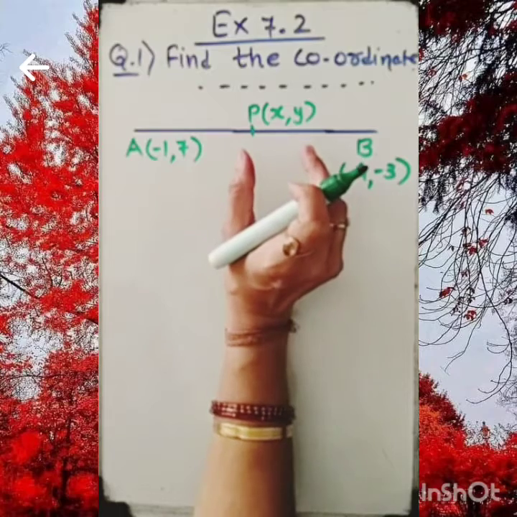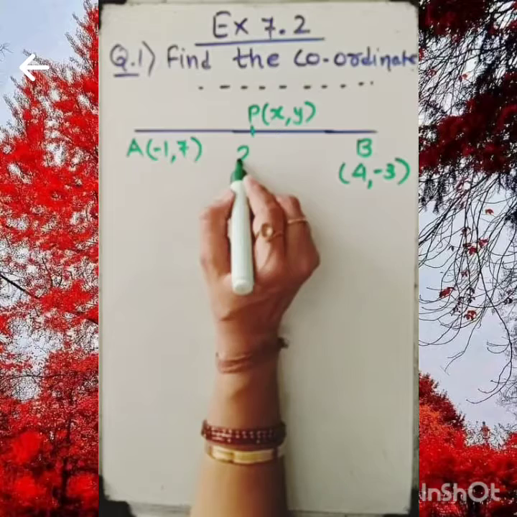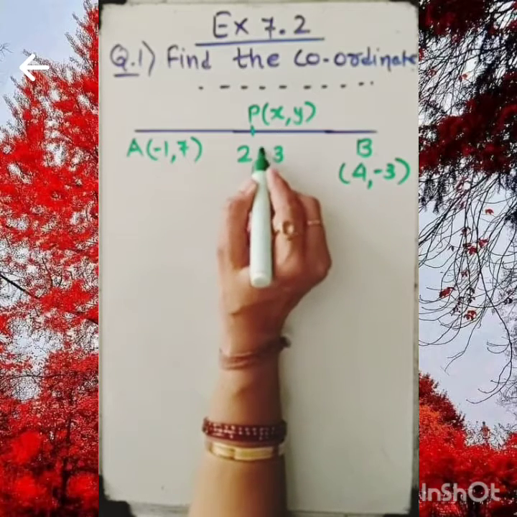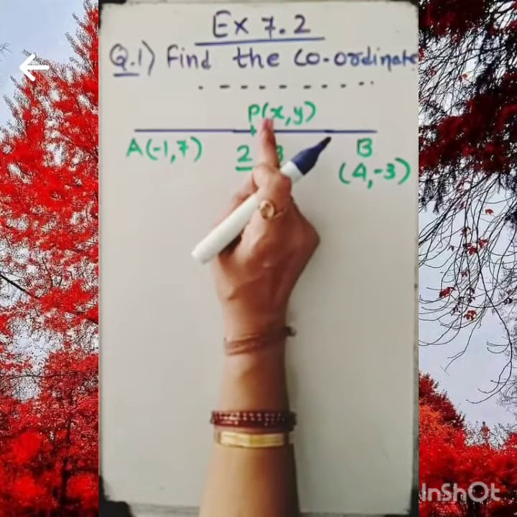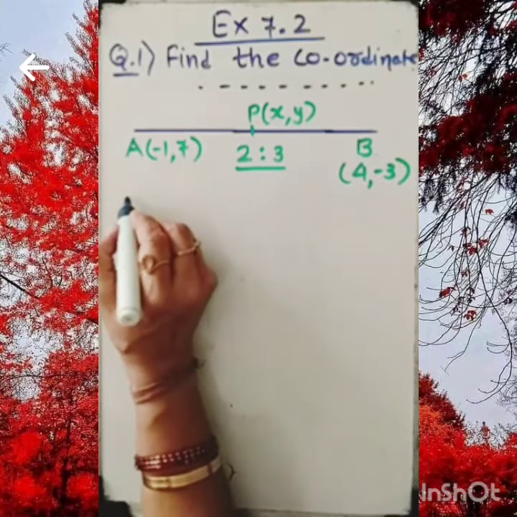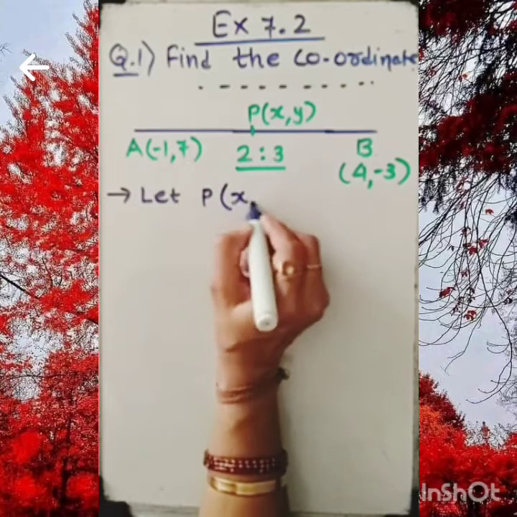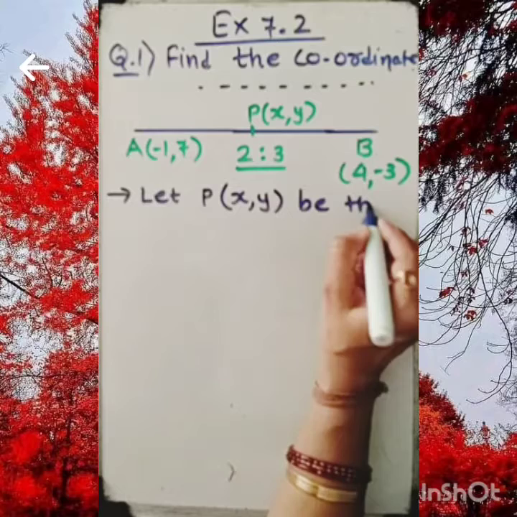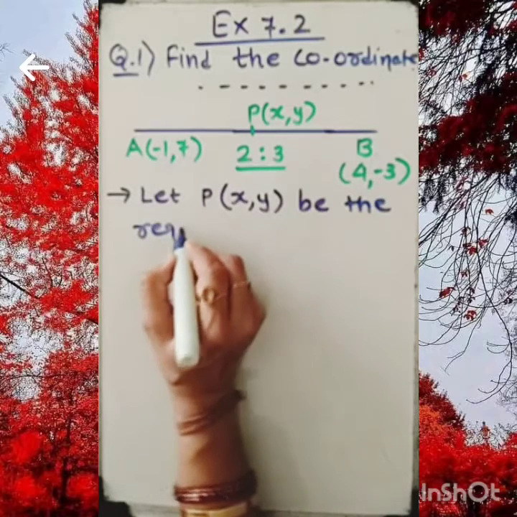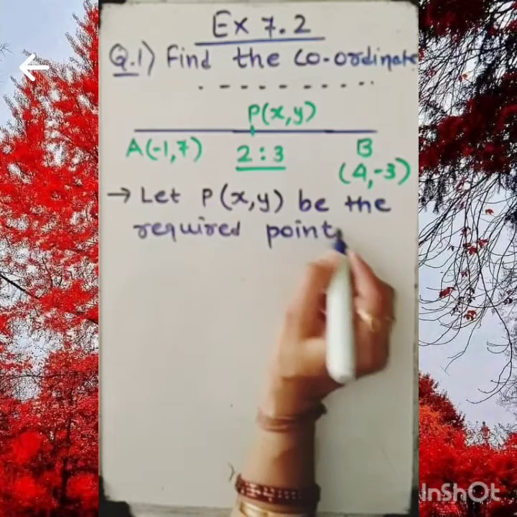Now the point P divides this line segment in the 2:3 ratio, which is the ratio given. So let P with coordinates x comma y be the required point, which lies between A and B, whose coordinates we have to find.